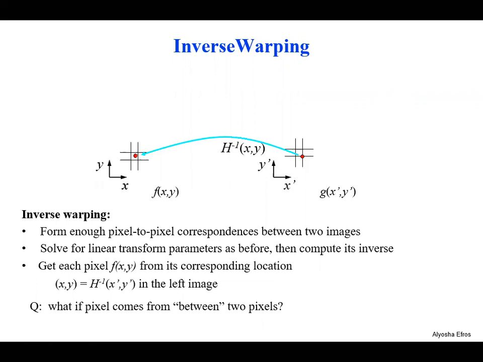Again, the same issue. But it is different here because you are going to the inverse. If this is the case, in order to specify this, I will depend on all of the values that were here. And if I depend on all of the values that were here, I can do an interpolation, for instance, a linear interpolation, and solve it by interpolating the color value from the neighbors.